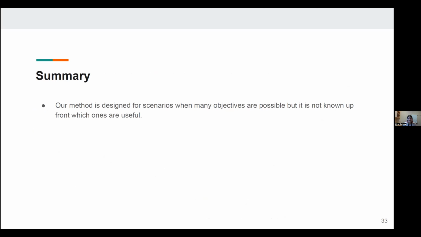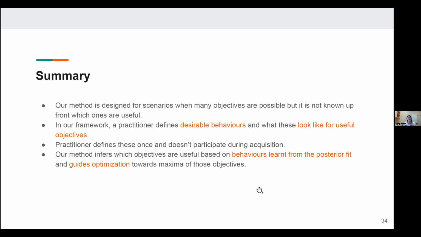In summary, our method is designed for scenarios where many objectives are possible and kind of heuristic objectives because they are subject to user preference, but we do not know upfront which ones are going to end up being useful in terms of aligning with the meta objective that we really do care about in terms of their maxima. In our framework, a practitioner defines desirable behaviors and what these would look like for useful objectives.